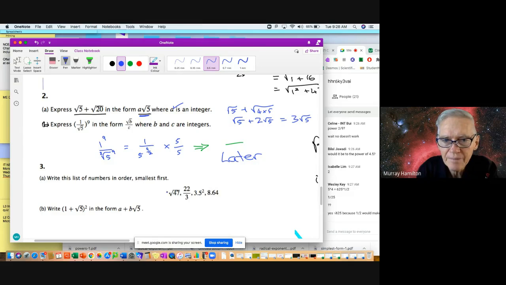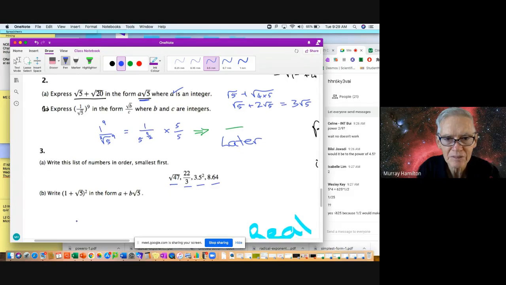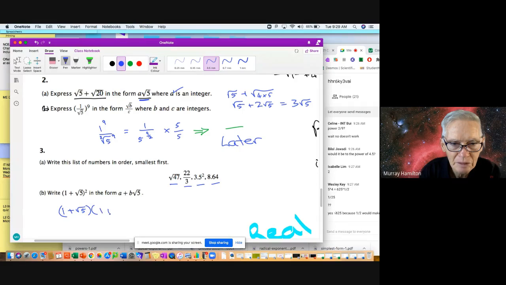For question 3, you just need to put all these in decimals, then you can write them in order. But this one here, if you want to write it in the form of a plus b root 5, what we have to do is expand this out. So we've got to go 1 plus root 5 times 1 plus root 5.